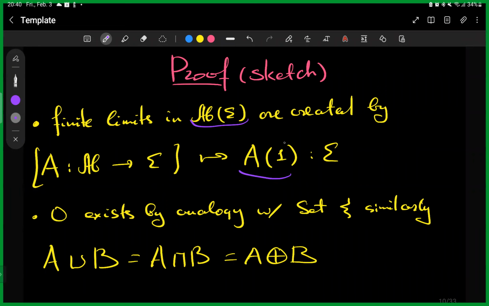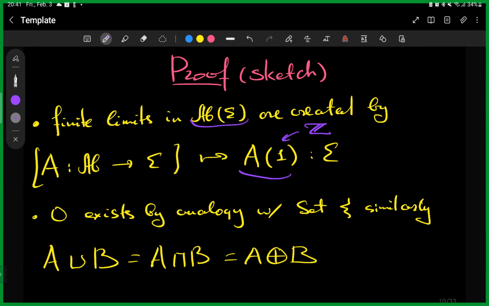So in other words, that's Z, the free abelian group on one generator. And this forgetful functor creates finite limits in the category of algebras over the theory AP.